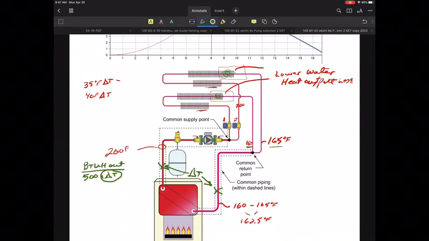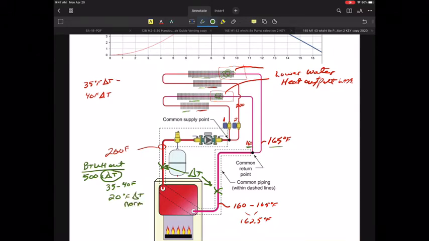So here's the deal. Right now, we know that we have somewhere between a 35 and a 40 degree delta T. Most of the time, we might design a high temp baseboard system that would give us closer to about a 20 degree delta T, which is more normal.